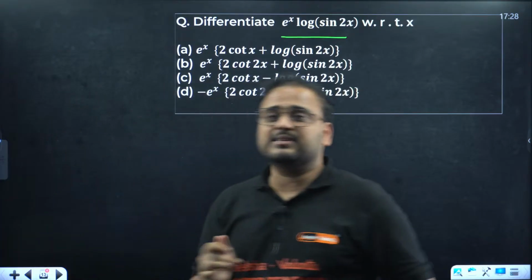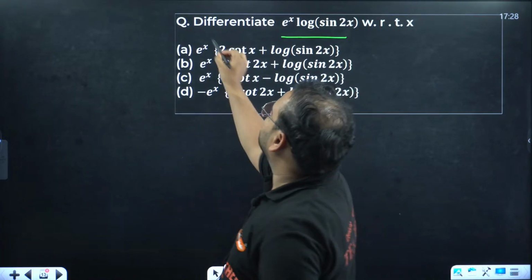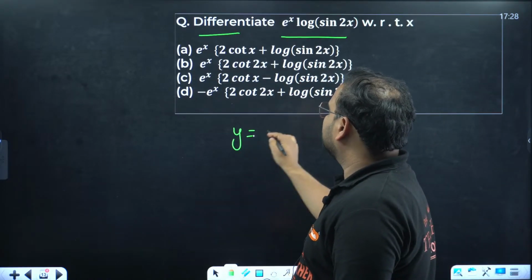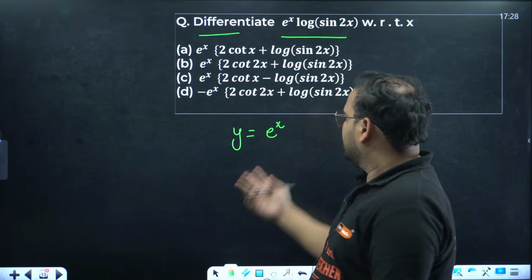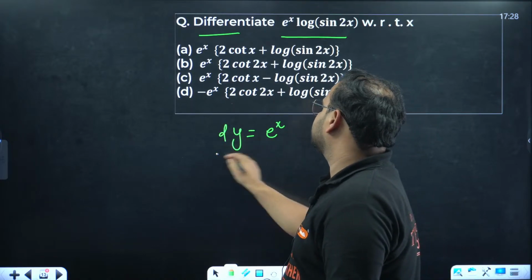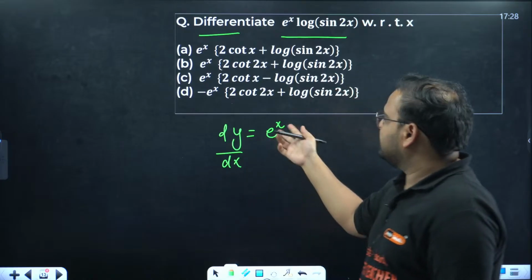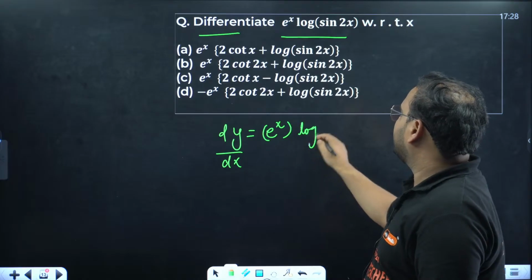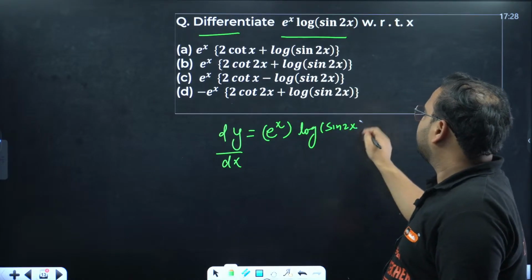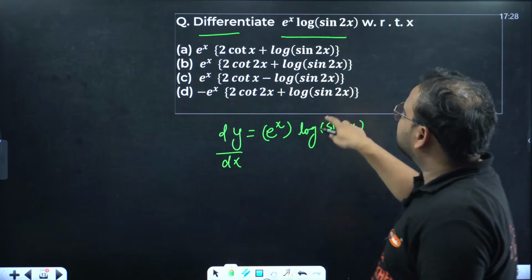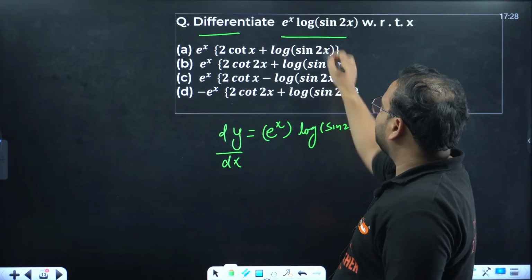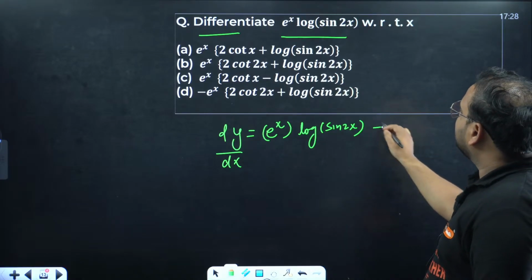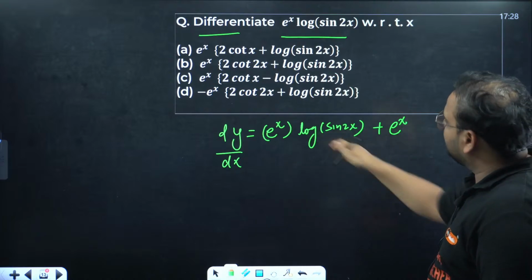Question on the screen. E power x log of sin 2x. You're going to start with the product rule. When I differentiate e power x, it will remain as it is, and the other part stays as it is. So one of the answers must have log sin 2x, and all four options have it. Next, keep e power x as it is and differentiate log.